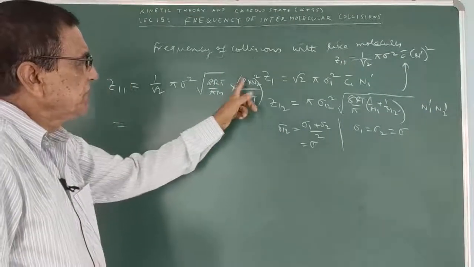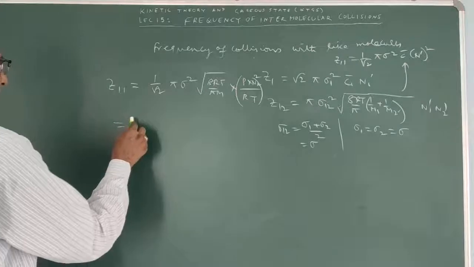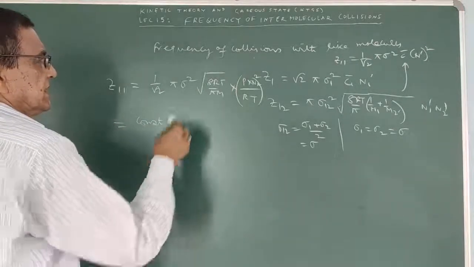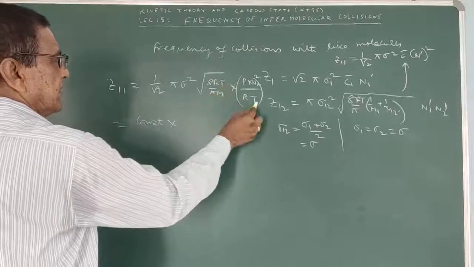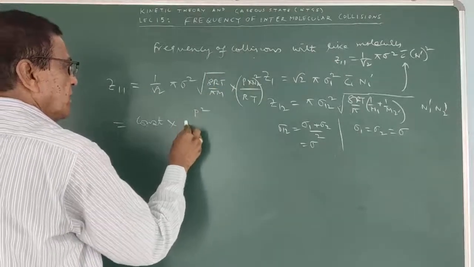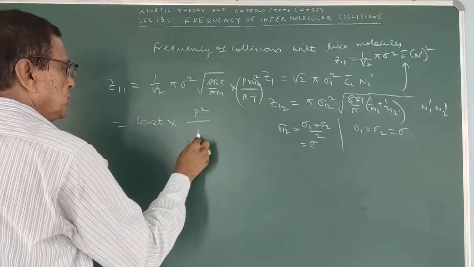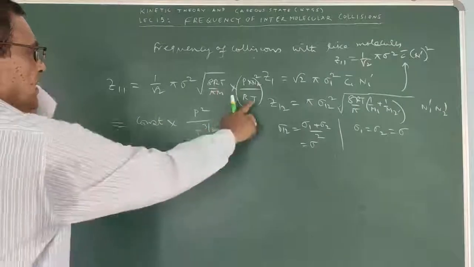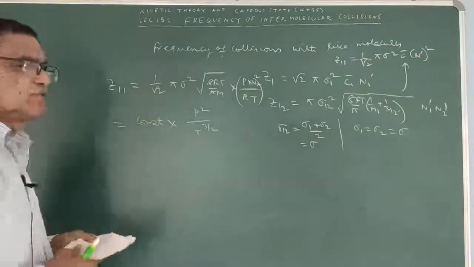If we separate temperature or pressure, it will be constant into T to the power half, and P square divided by T square, that is, T to the power 3 by 2.